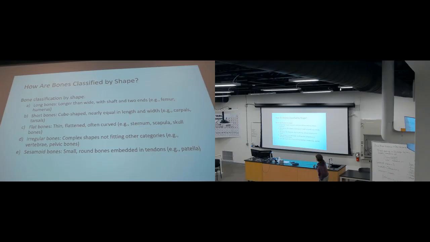So now let's look at the classification of the bones. By shape, you classify the bones as long, short, flat, irregular, and sesamoid. Long bones are taller than wider. They have a middle part that is called a shaft and two endings that are called epiphyses.